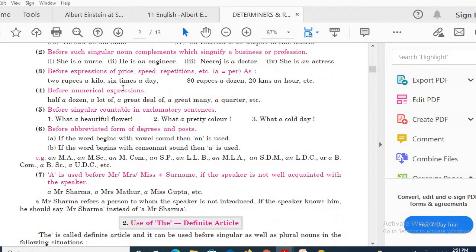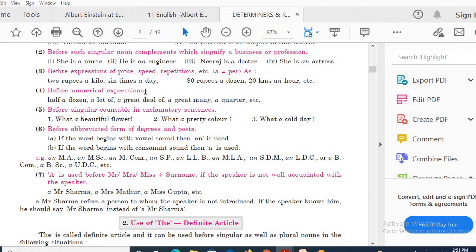Before expressions of price or speed, we use the indefinite article. Just like 2 rupees a kilo, 80 rupees a dozen, 20 kilometers an hour. Numerical expressions also take the indefinite article.